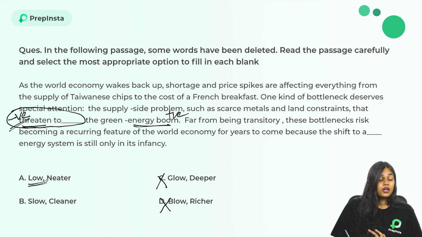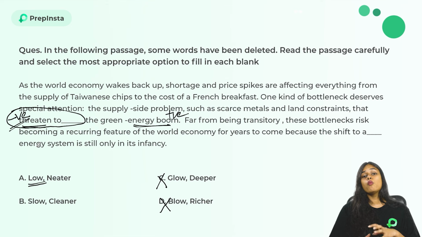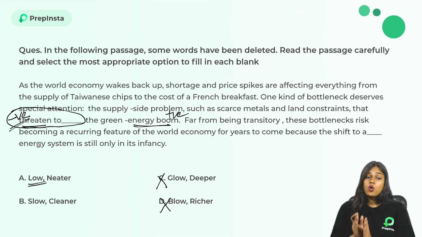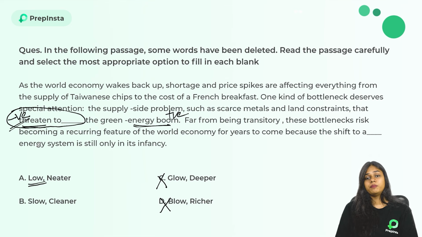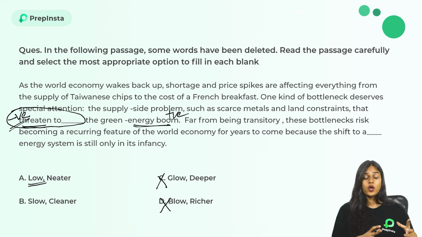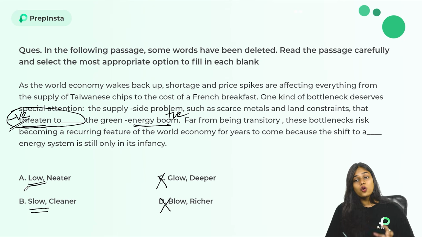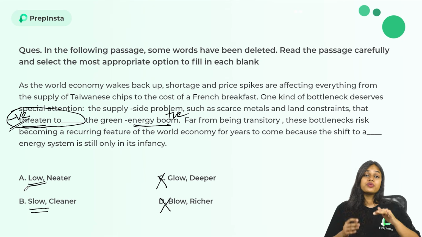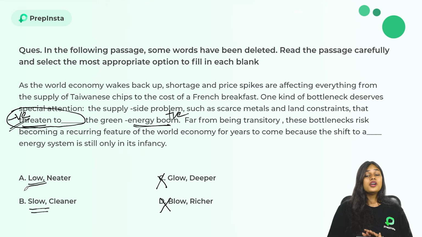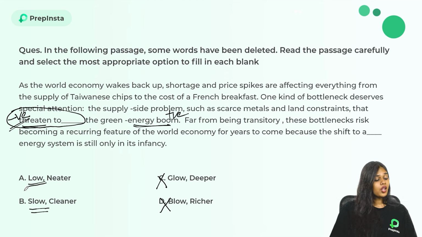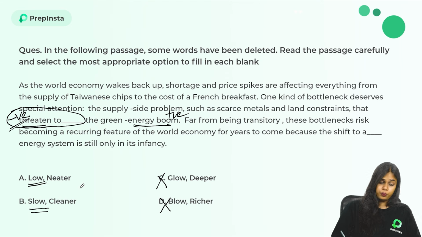Whenever we use the word low, we always use it in the form of a verb, that is lower the green energy boom. Hence, instead of using low, we are going to use the word slow. Threaten to slow the green energy boom. That means to reduce the pace of the green energy boom. All right, so we are going to use the word slow.